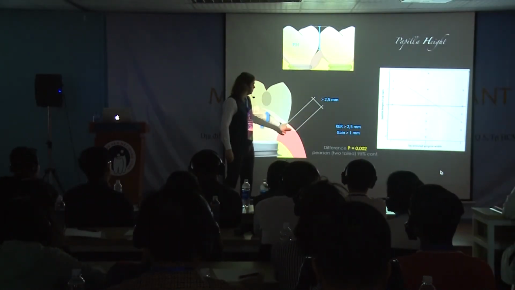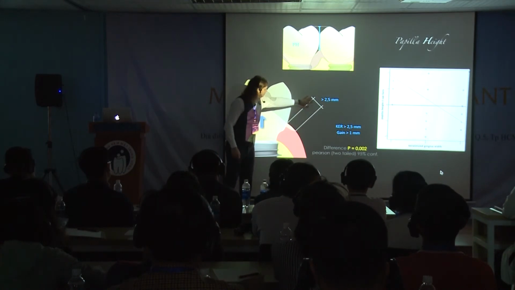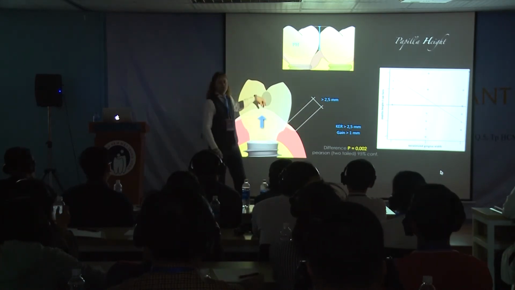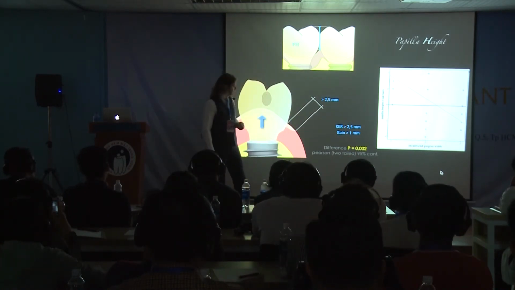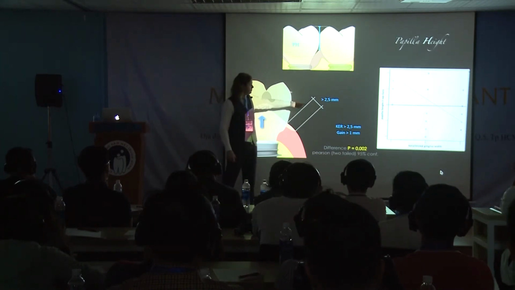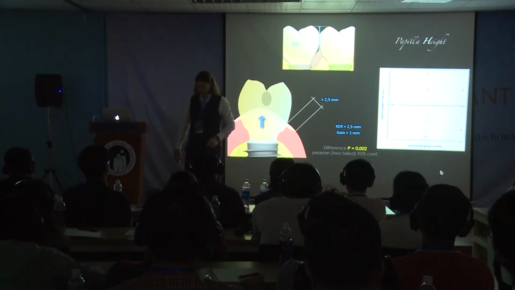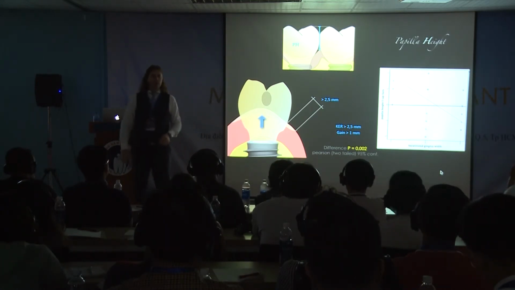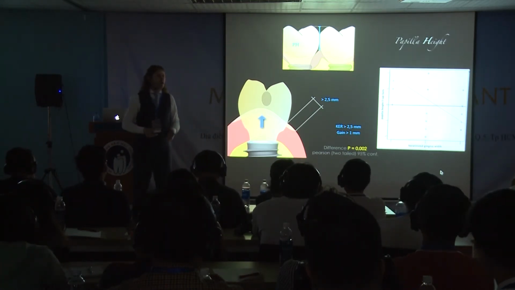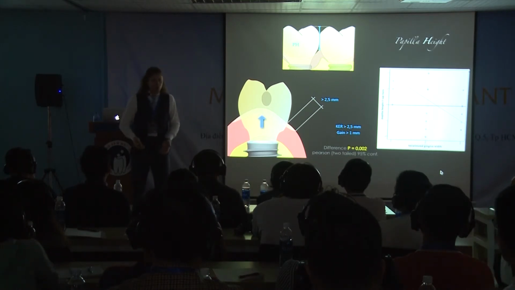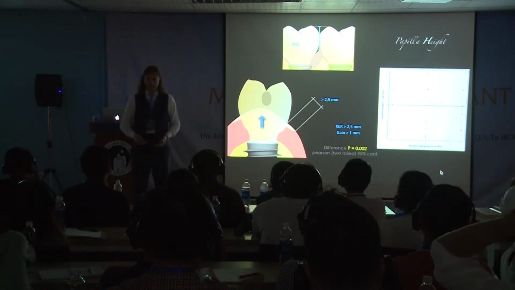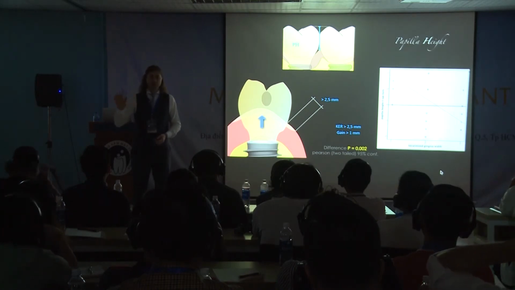So the average required keratinized mucosa to have a good papilla extension is 2.5 millimeter. If you don't have enough keratinized mucosa, even in frontal area, say bye-bye to your papilla.